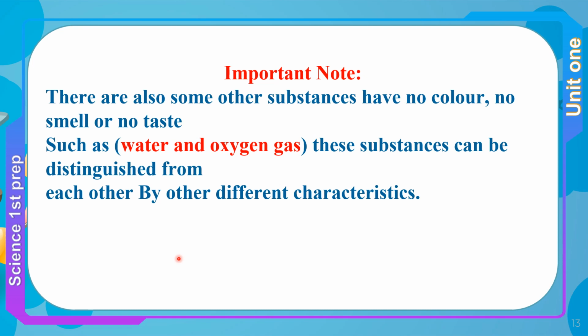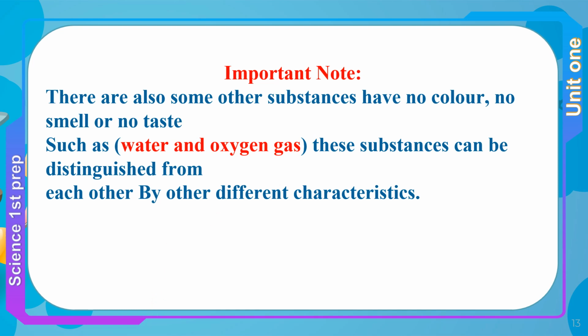But there are matters we can't differentiate with color or smell or taste, such as water and oxygen gas. We know water has no smell, no color, no taste, and oxygen gas, we breathe it. These substances can be distinguished from each other by other, different characteristics.